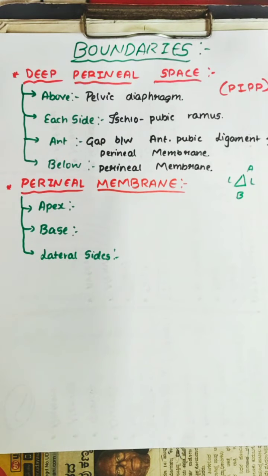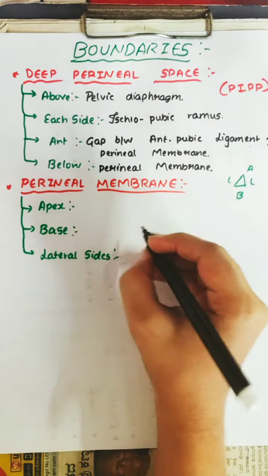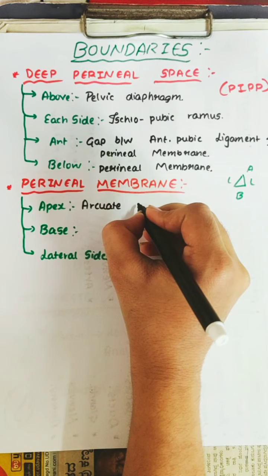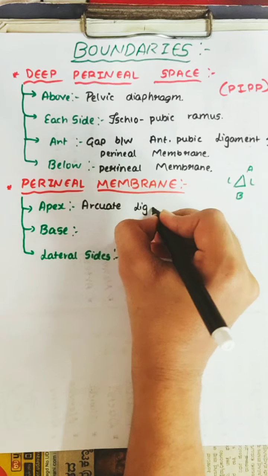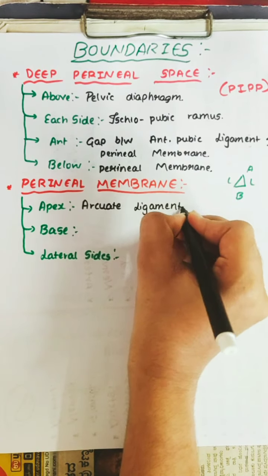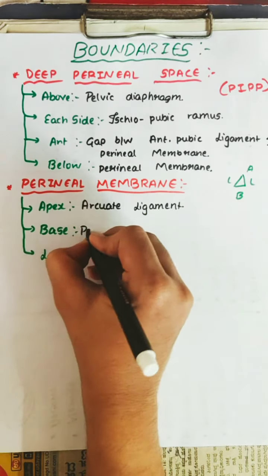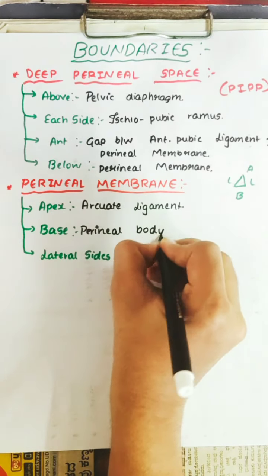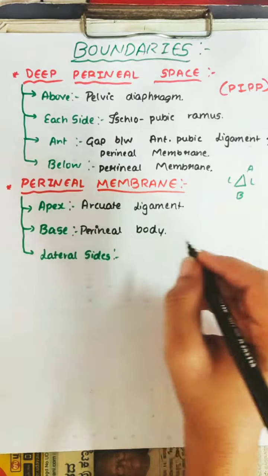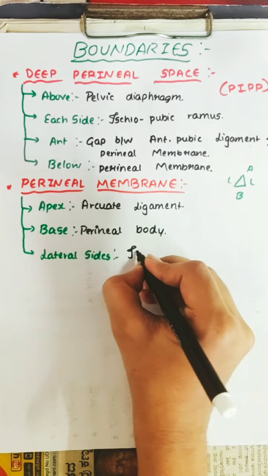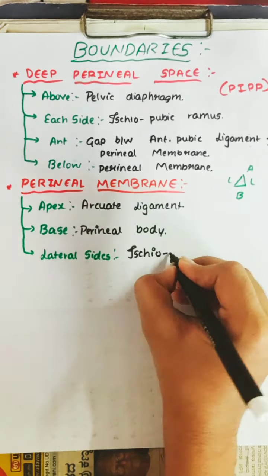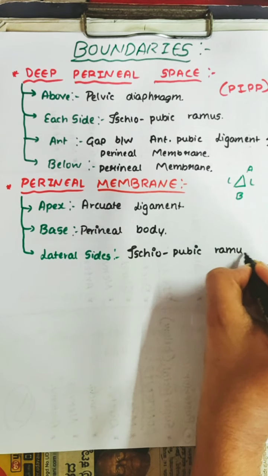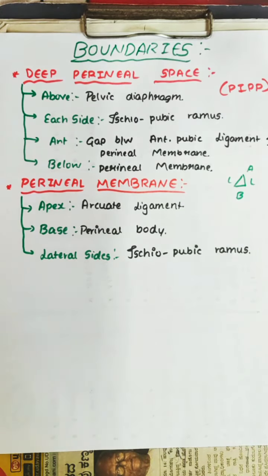Okay, so the apex is made up of the arcuate ligament. The base is made up of the perineal body, and finally the two lateral sides are made up of the ischiopubic ramus. Okay, so we are done with the perineal membrane.